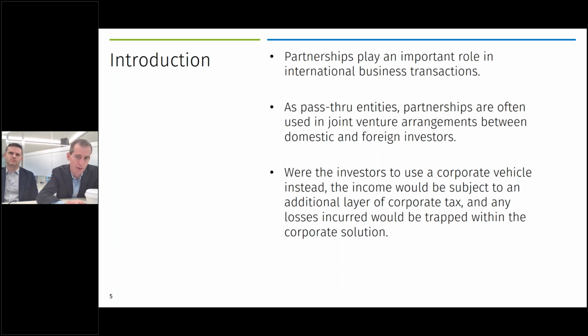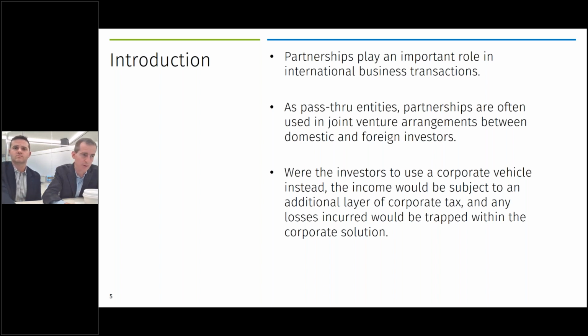And so it's important with a startup joint venture, for instance, where, if the joint venture was housed in a corporate vehicle, you wouldn't be able to access those startup losses and use them against the partner's other income, subject to various limitations.